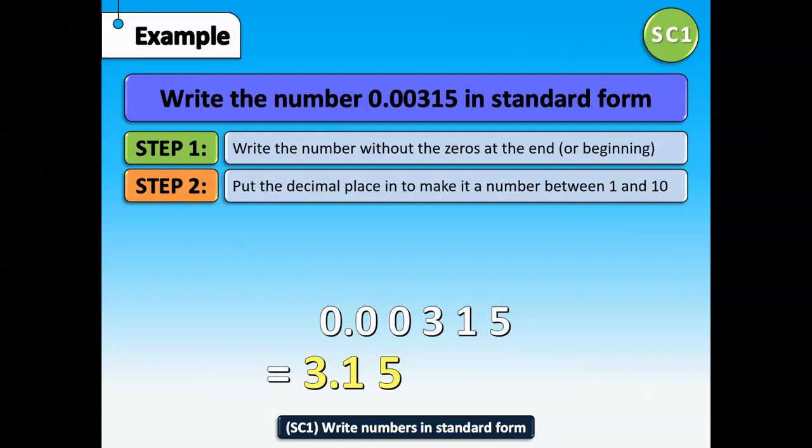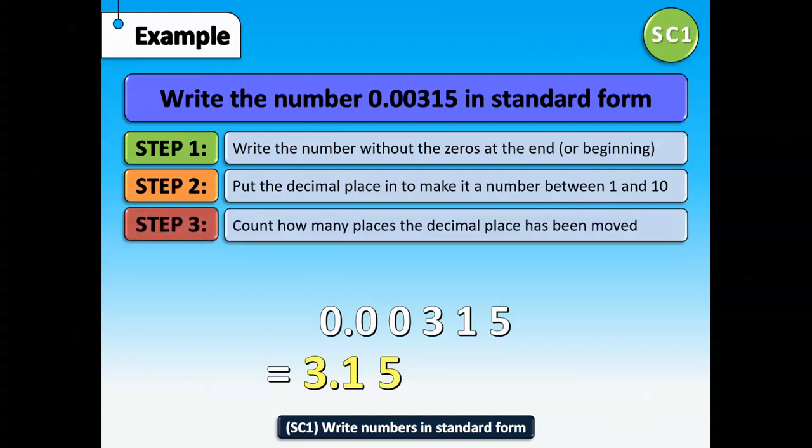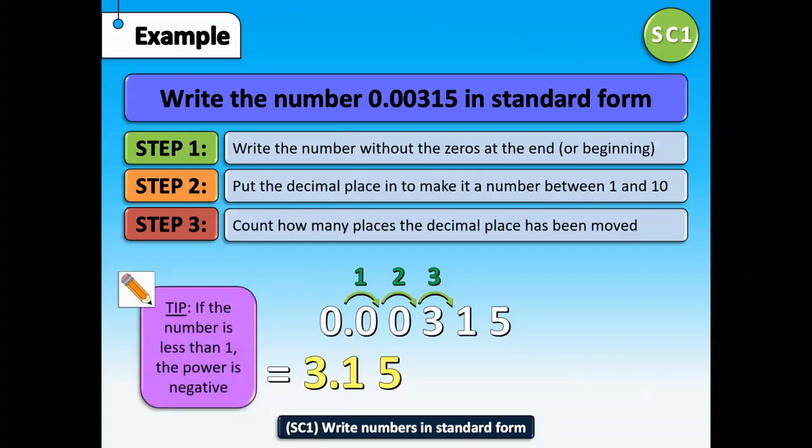So it's in between 3 and 1. Then we count how many places the decimal point has been moved. So this time the decimal point has moved back 3 places. So because the decimal point this time has moved back 3 places, the power needs to be negative. So it's times 10 to the minus 3.